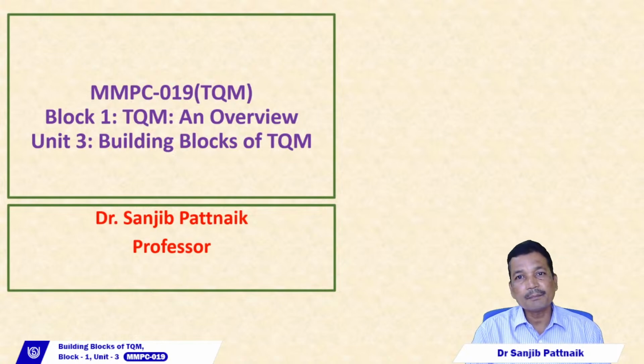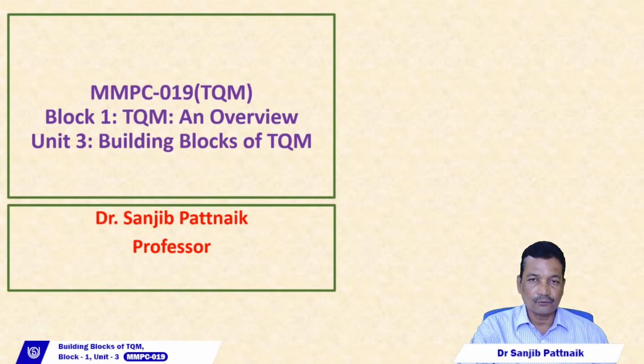How can we implement it? So, unit 3 of block 1 is building blocks of TQM. We shall discuss the various things about the building blocks of TQM as we go forward.